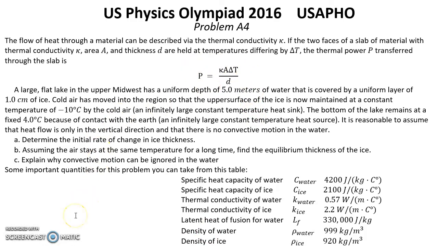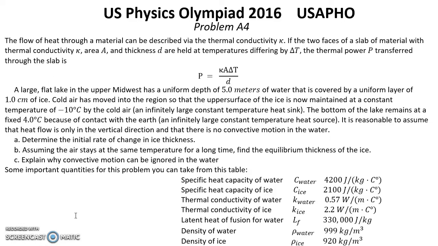A large flat lake in the upper Midwest has a uniform depth of 5 meters of water that is covered by a uniform layer of 1 centimeter of ice.